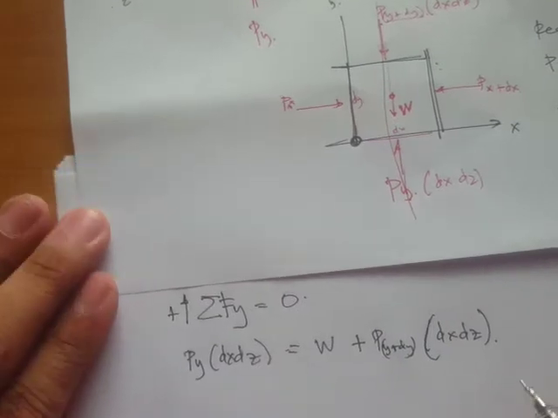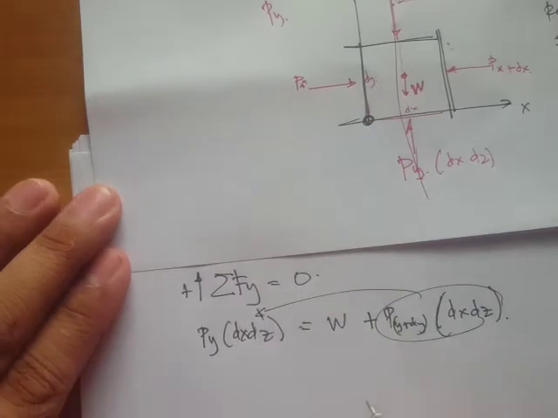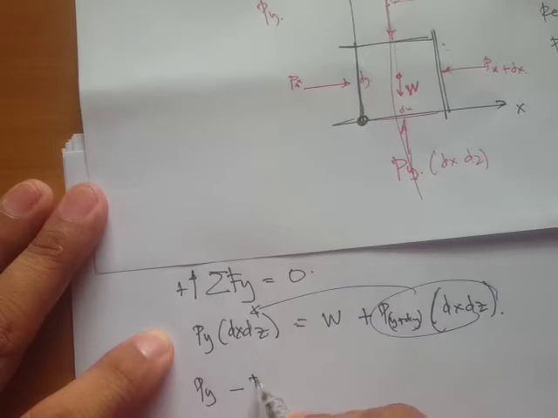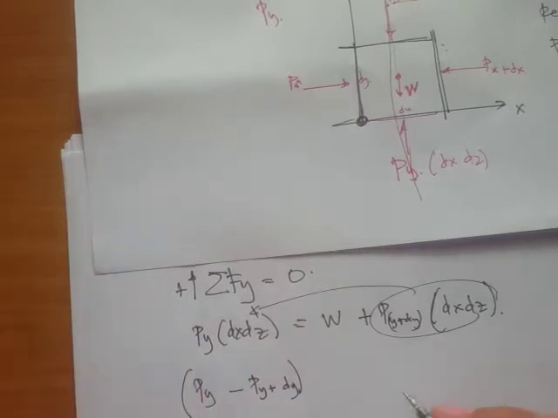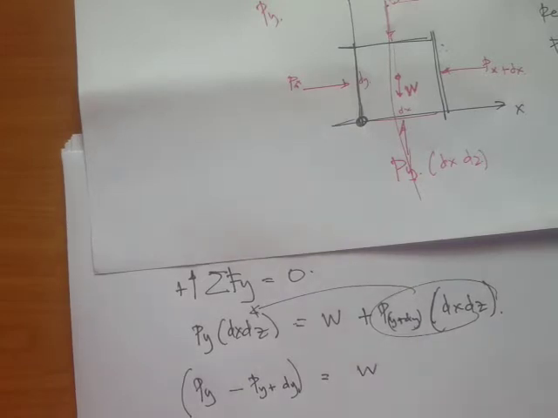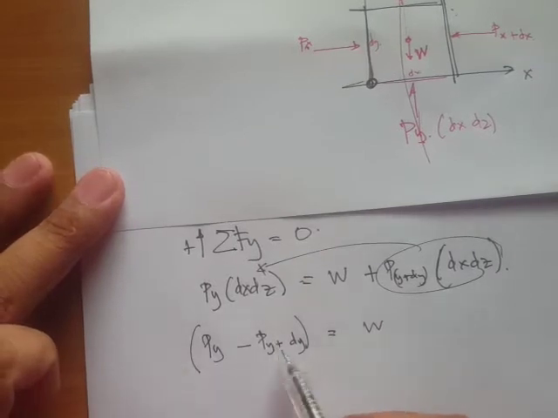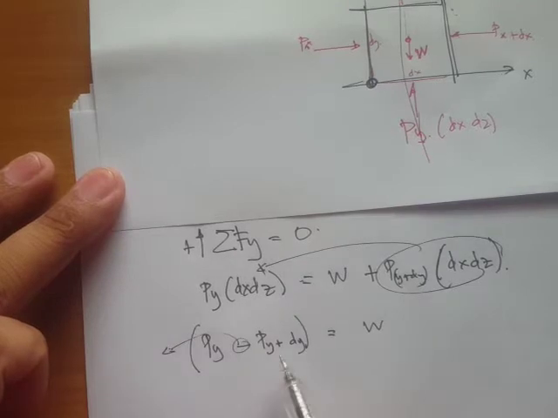Now I want to transpose this to the left hand side. So that's going to be py minus py plus dy is equal to the weight. I just want to take this negative sign out, because this will be our point 2, this will be our point 1.